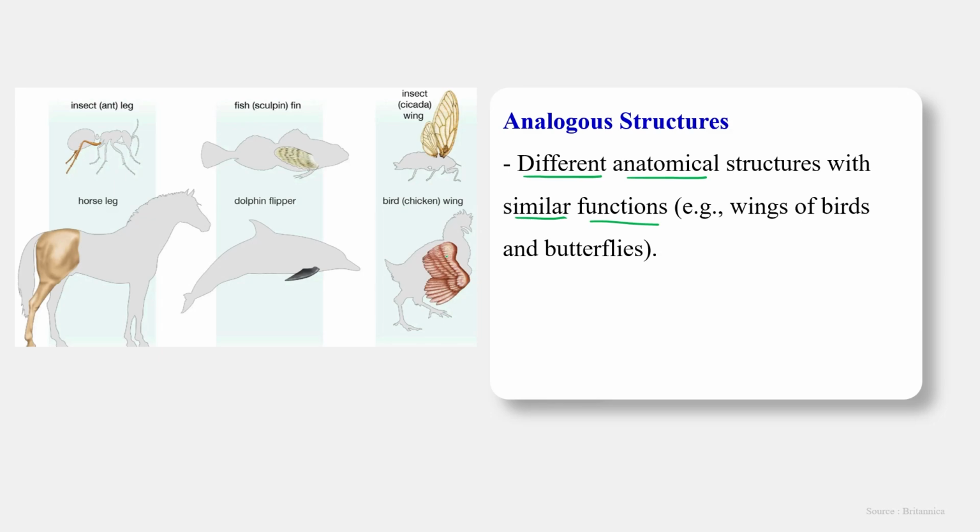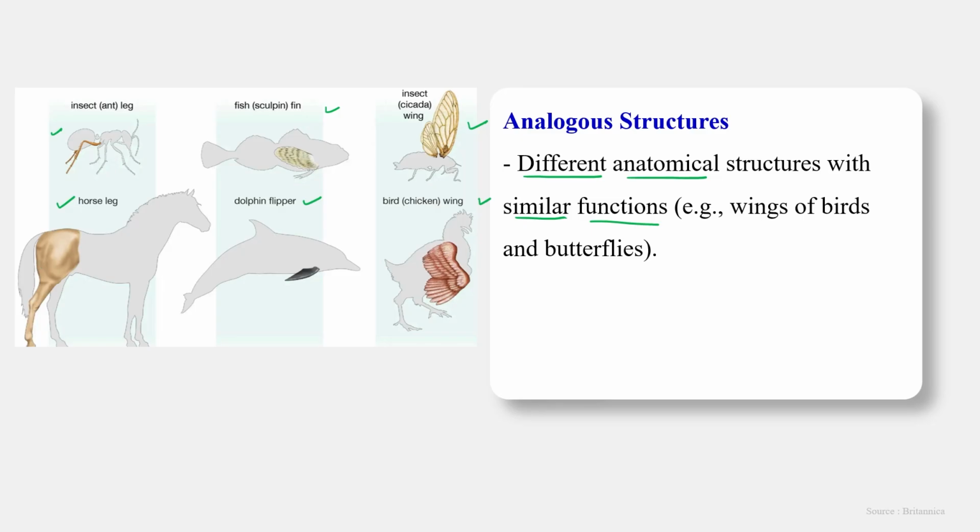Different anatomical structure but similar kind of function, as you can see: insect hind limb, horse hind limb, fish fin, dolphin flipper, insect wing, and bird wing. This one is made up of chitin, this one is not made up of chitin. This is made up of bone structure, and muscles are there, right?